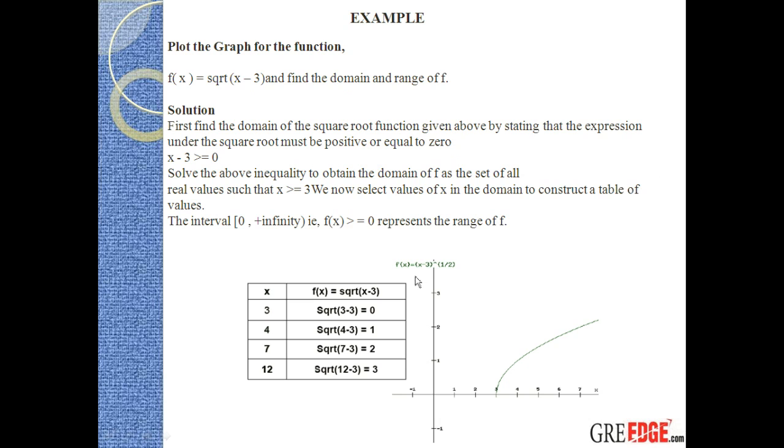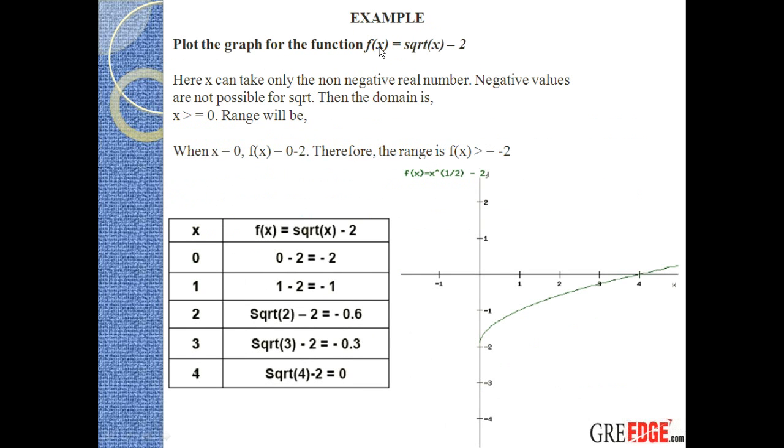See, here what happens in f of x is equal to square root of x is, we know that the square root function doesn't take any negative value, right? So here whatever is given in the argument for this function square root x, that should be greater than or equal to 0.